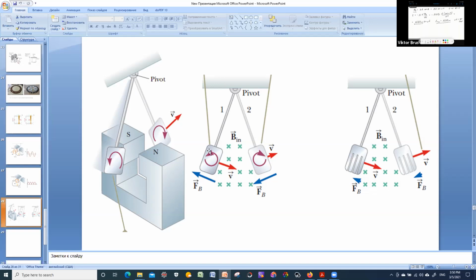So this is widely used in braking down the fast movement of fast spinning systems, when we have, for instance, some wheel like train wheels.